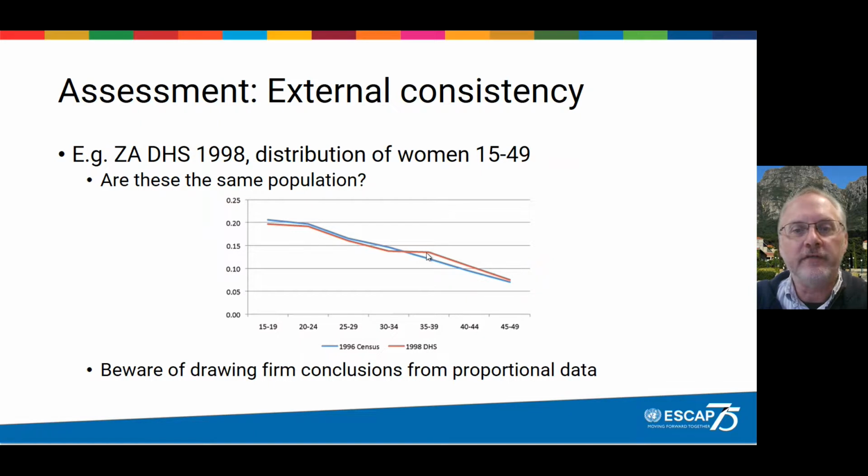We do notice, however, that at age 35 to 39 and thereafter, the DHS has slightly more women proportionally than does the census, and conversely at younger ages.